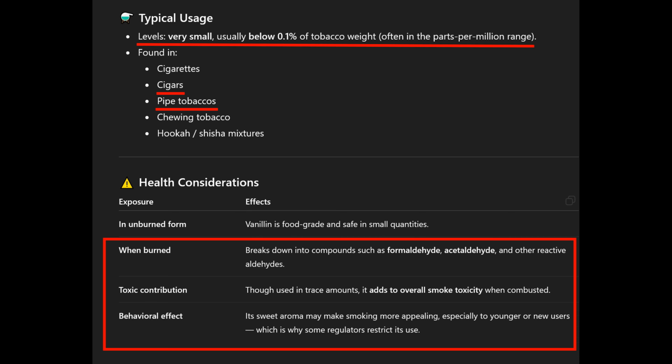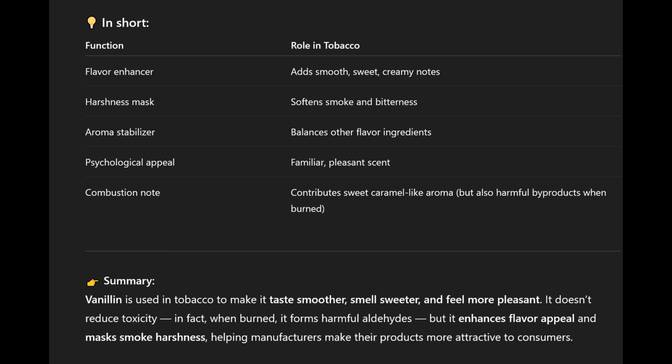Again, if you're interested, you're going to read these. And I'm going further because it's been 35 minutes already. So, next we have, in short, what it is, and it's rolling tobacco, and summary. And that's it with the vanillin.